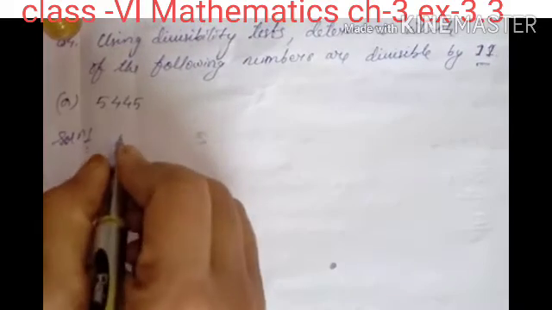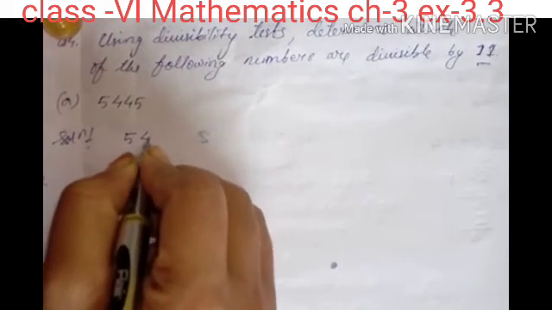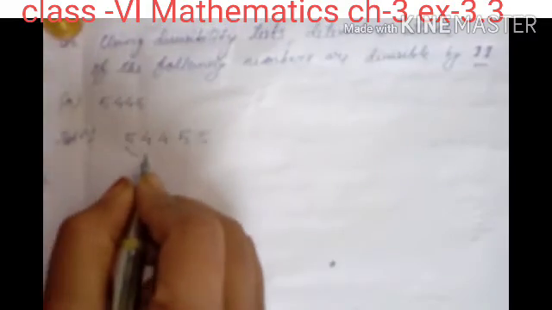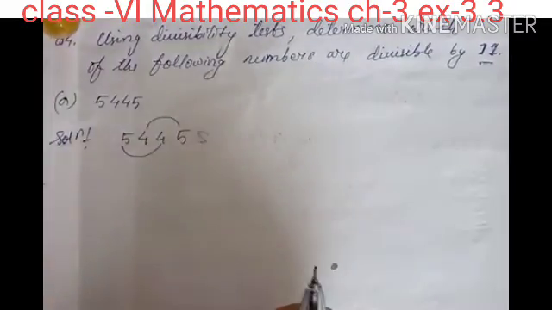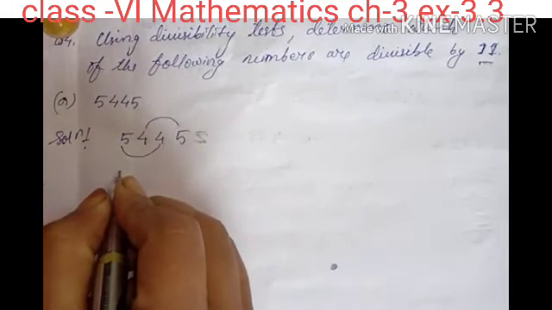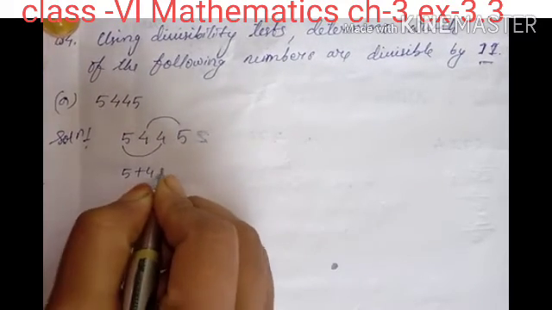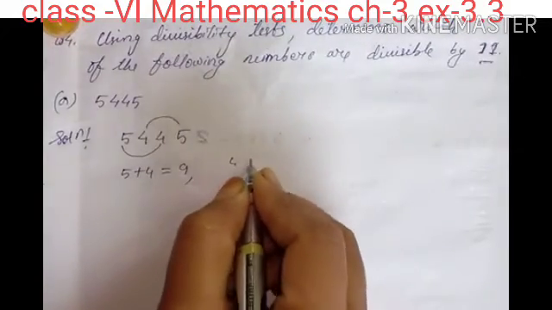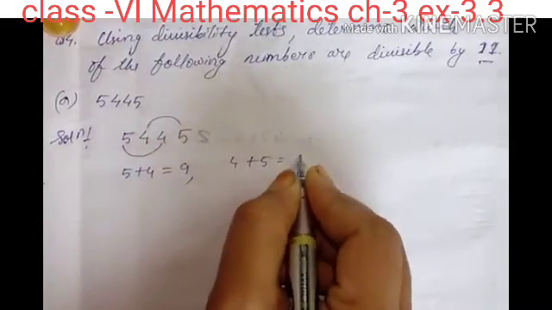So what is the given number? 5 4 4 5. Now what are the alternate numbers? These two and these two, you have to add alternate digits. So 5 plus 4 is equal to how much? 9. Now again 4 plus 5 is equal to 9.